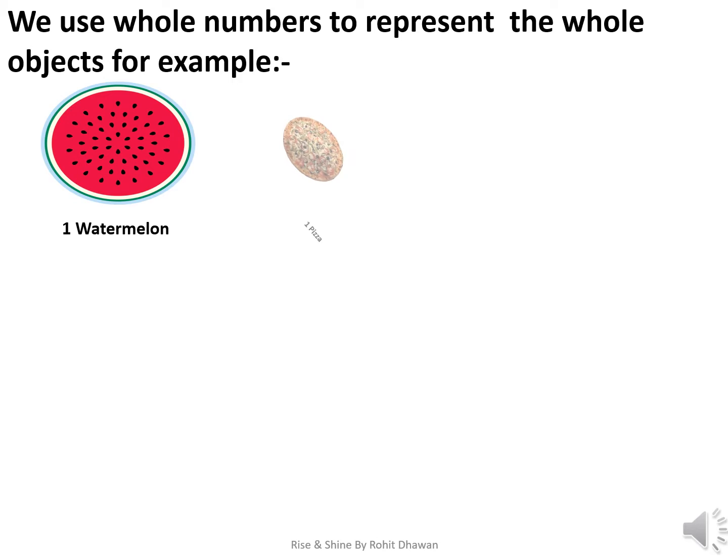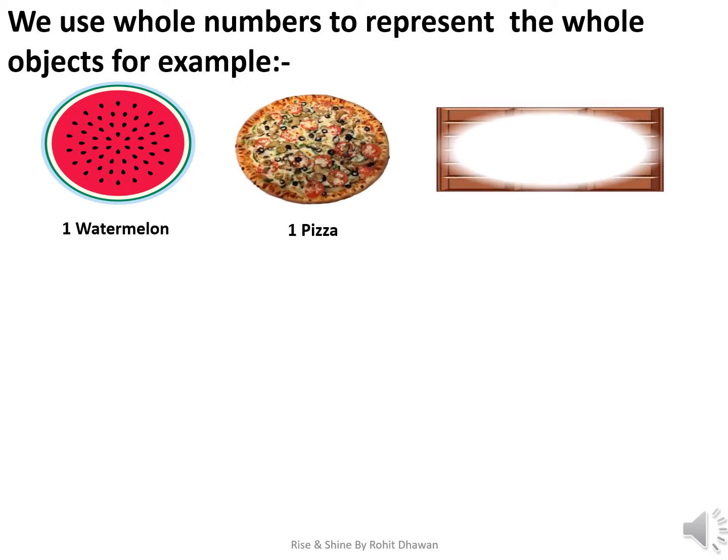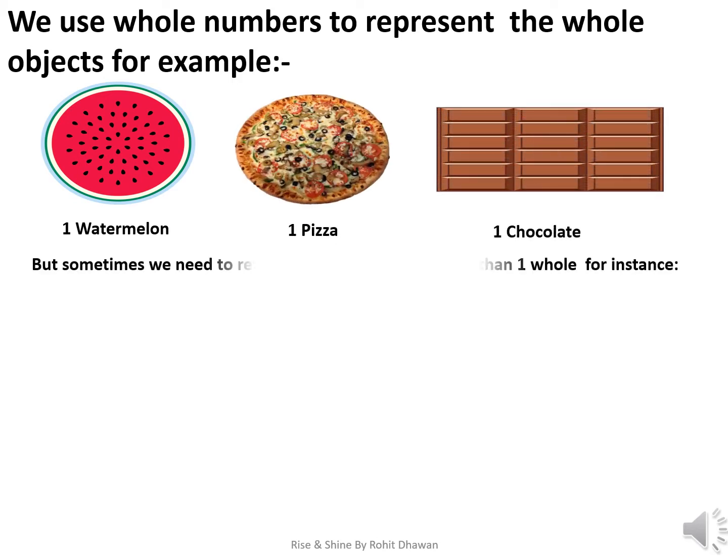My dear students, as you all know, we use whole numbers to represent whole objects. For example, one watermelon, one pizza, or one chocolate. But sometimes we need to refer to amounts which are less than one whole.